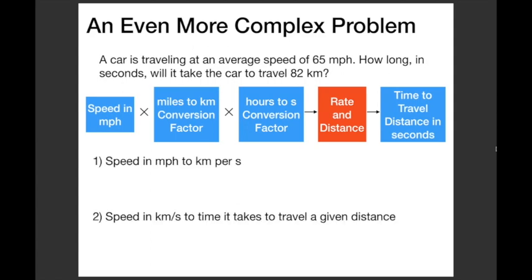The first thing we're going to do is we're going to convert from miles per hour to kilometers per second. The second thing that we're going to do is we're going to use the speed in kilometers per second, the distance traveled, 82 kilometers, and get the time that it took to go that distance in seconds.